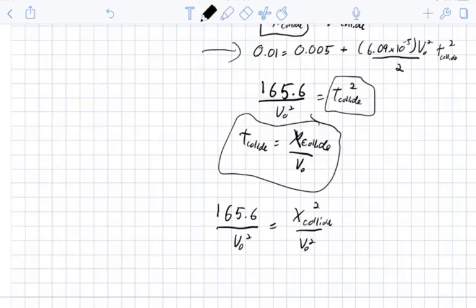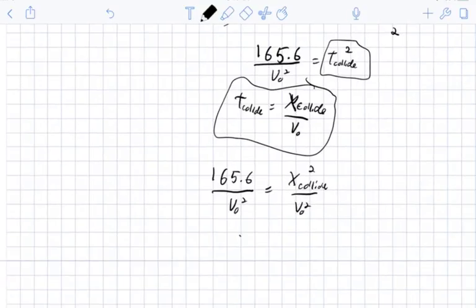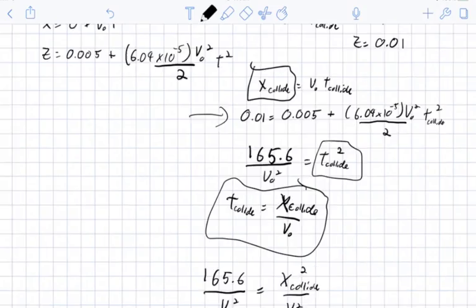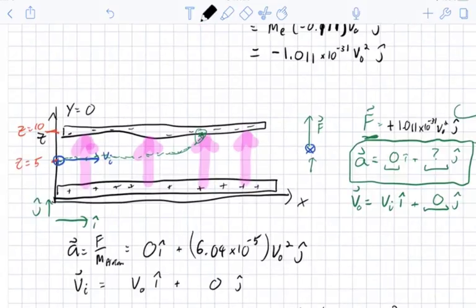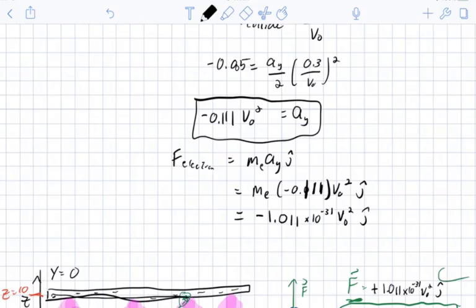Oh, hey, look, the v naughts cancel out. 165.6, take the square root of that. 12.8 meters. Oh man, this collision happens way further down the line than the first one did.